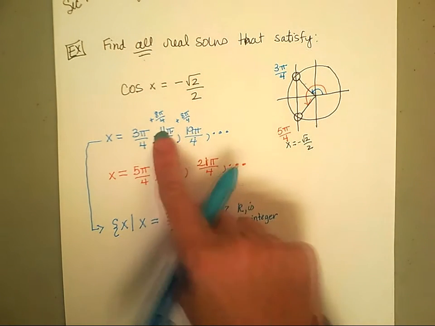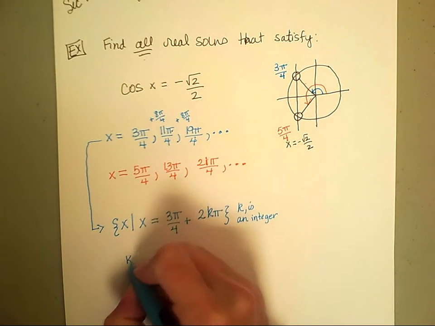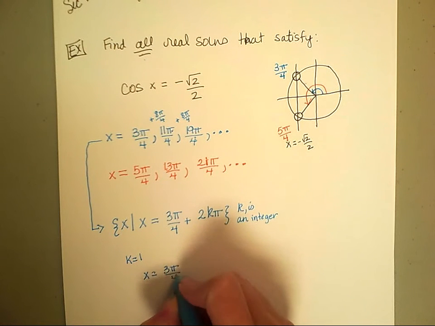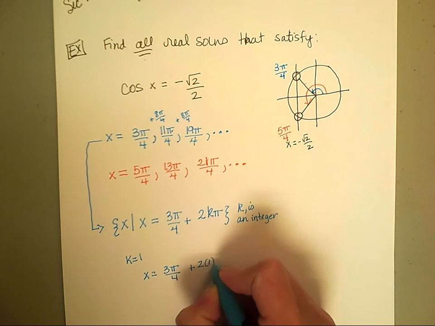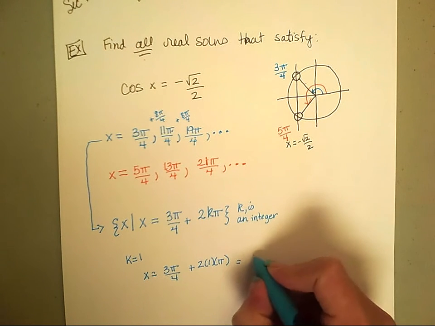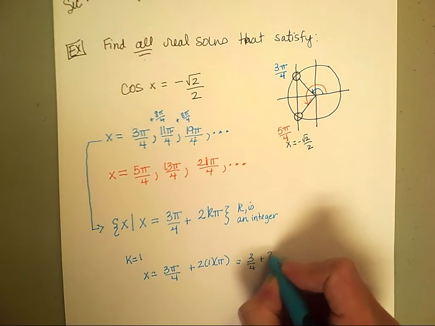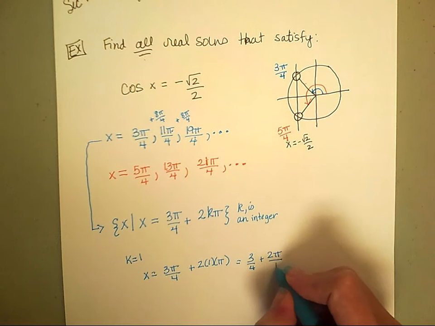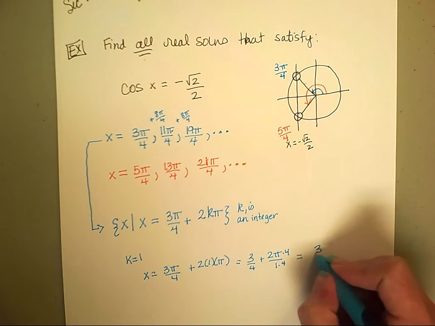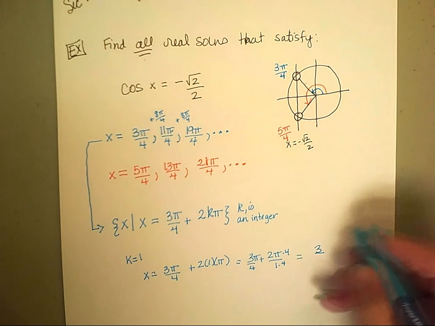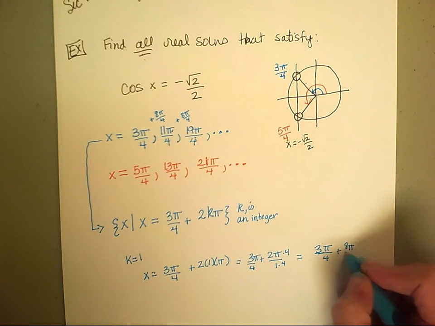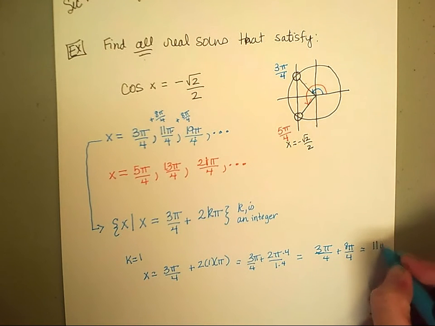So for example, in this one, if we let k equal 1, then we have x is equal to 3 pi over 4 plus 2 times 1 times pi. So that's just your first looping, which is 3 pi over 4 plus 2 pi, which once we get the common denominator, as we've done above, is 3 pi over 4 plus 8 pi over 4, which is 11 pi over 4.